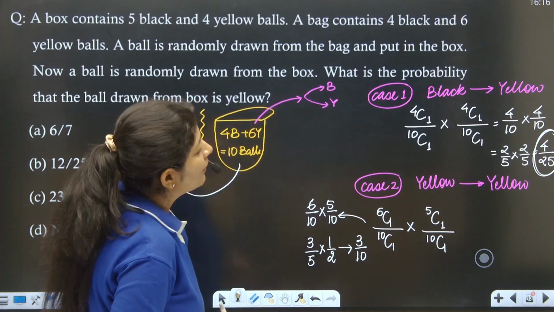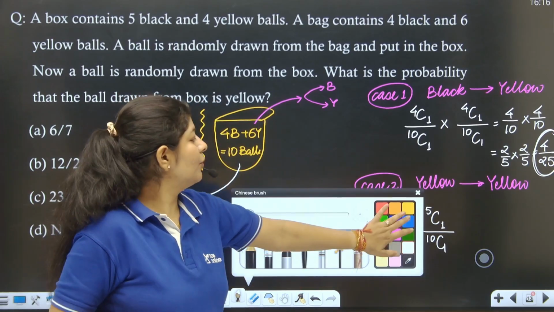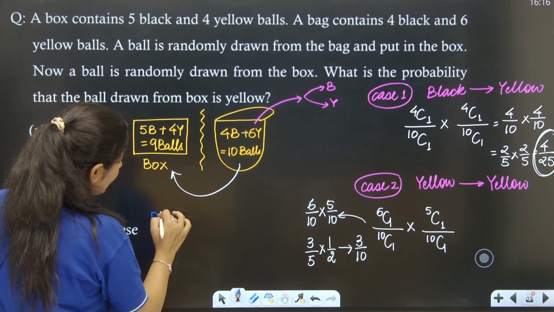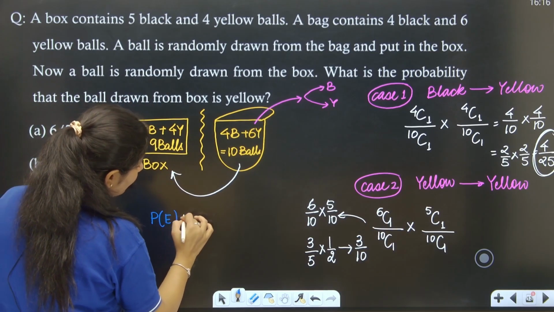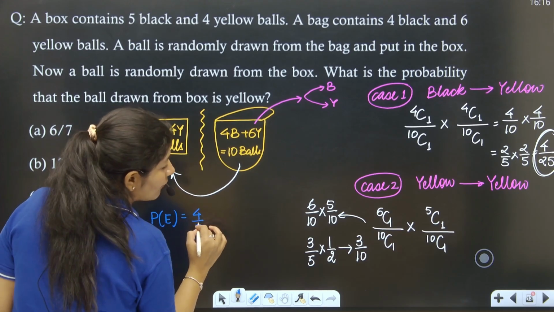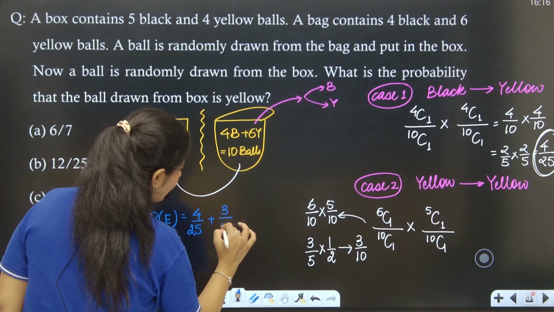So now this is the separate probability of both the cases, but what we need to write down is the combined probability. The combined probability of this particular event is nothing but 4 by 25 plus 3 by 10, right?